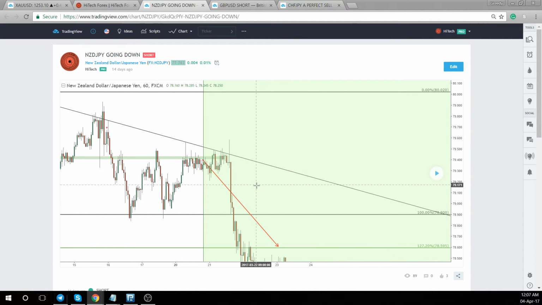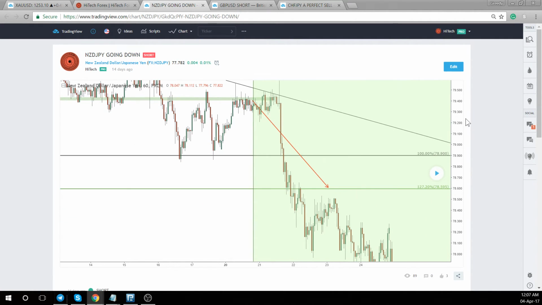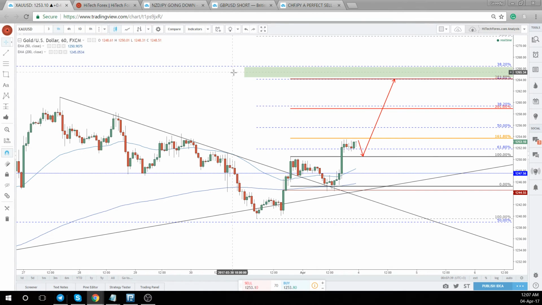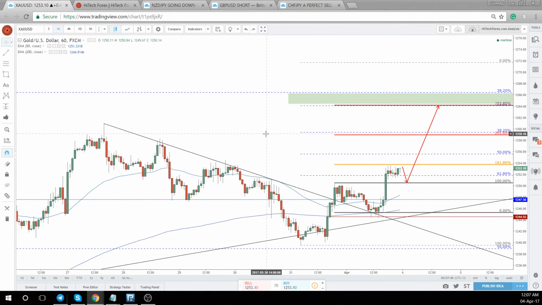So here was entry, yeah, and here is our target. So also you can see our trades are working out pretty fast. So it's not like you have to wait for weeks, but it's just a fast decline or rise of the chosen pair. So we're giving very high probability trades here, and providing quite nice results.